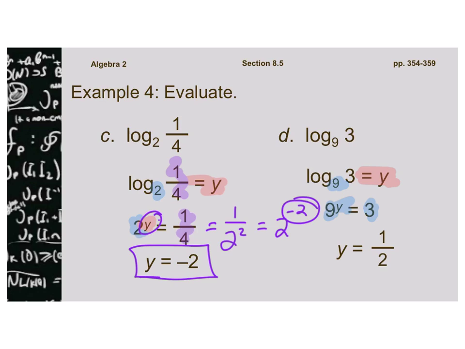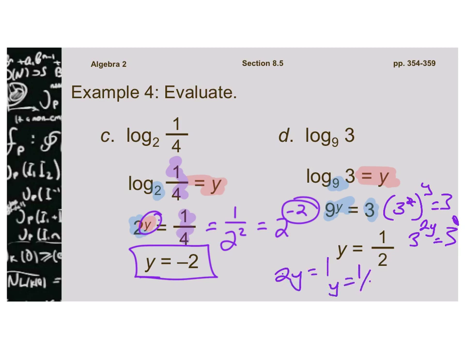So 9 is equal to 3 squared. So I have 3 squared to the y equals 3. Well, we know that means 3 to the 2y is equal to 3. We know that the 3 has a 1 exponent, so 2y has to equal 1, so y has to equal 1/2.